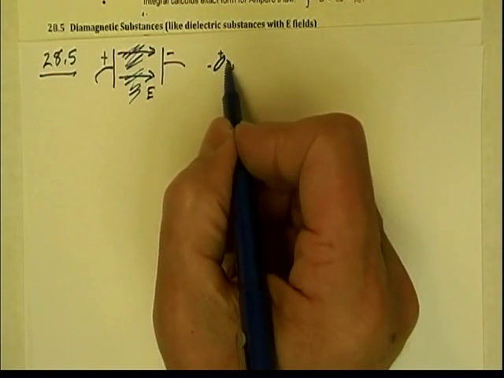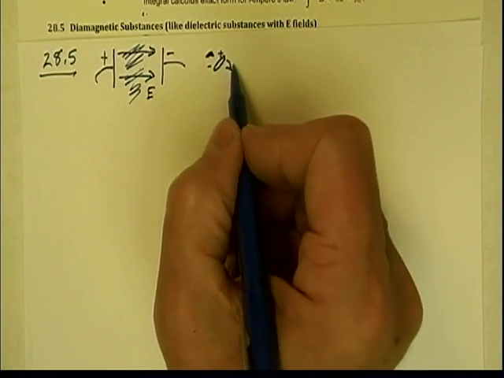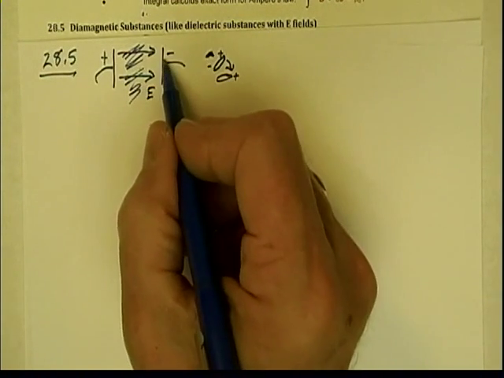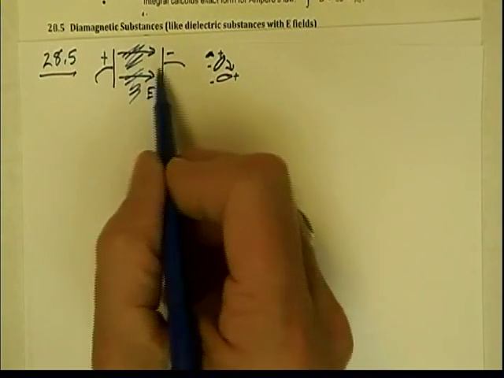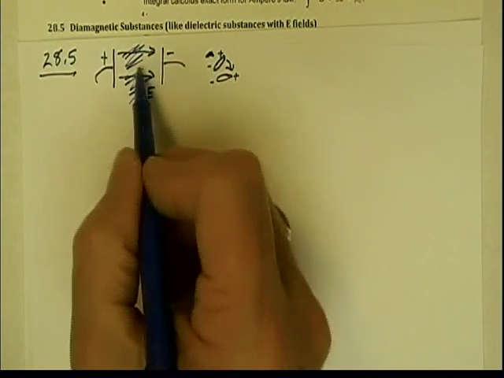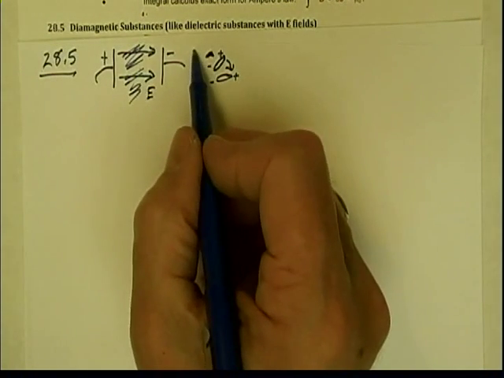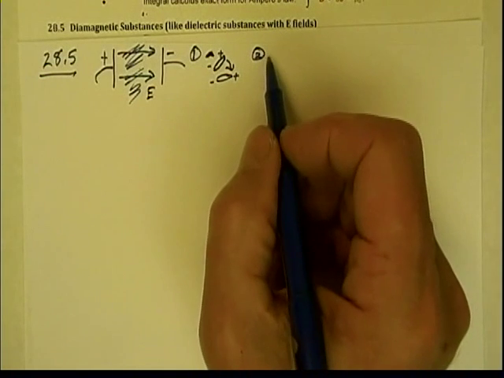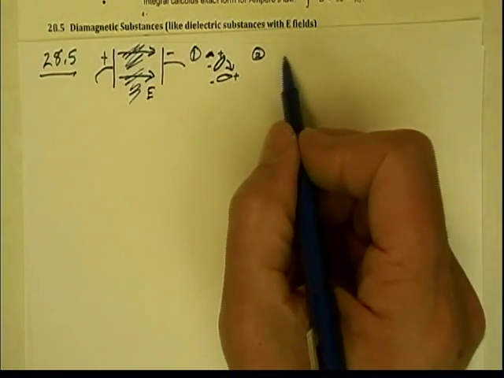And they will rotate in such a way, actually in this case this way, so that the positive would become more oriented toward the negative and the negative would become more in this direction. And the overall effect is such dipoles reduce the field that exists here. Okay, so that's the first effect. The second effect is one where there are no dipoles, but you can induce dipoles in the material.